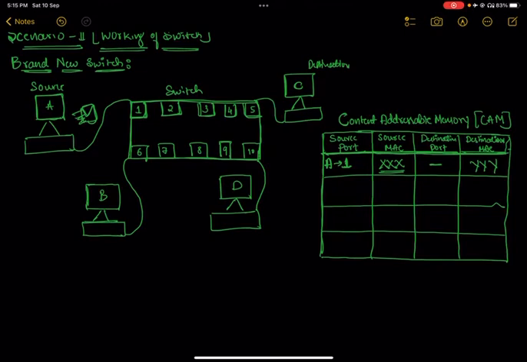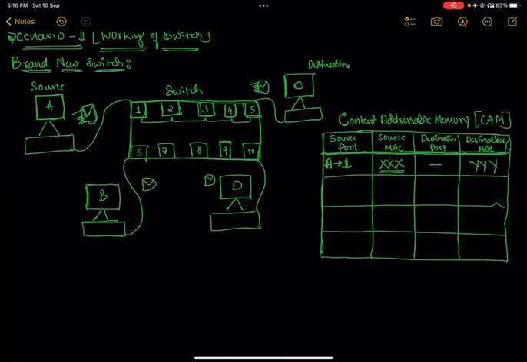So when it doesn't have such information, it forwards, or broadcasts, the frame to all the ports except the incoming port. So it is sent to all the ports, and then every machine would receive this packet, including our destination, which is the intended thing.